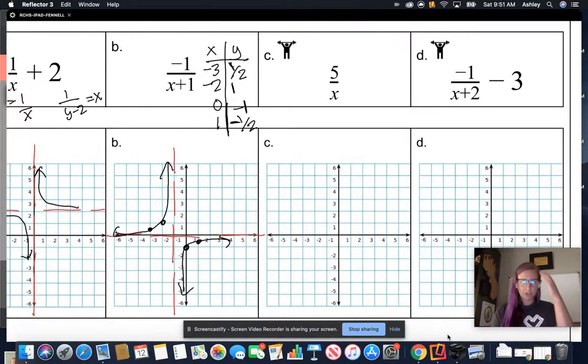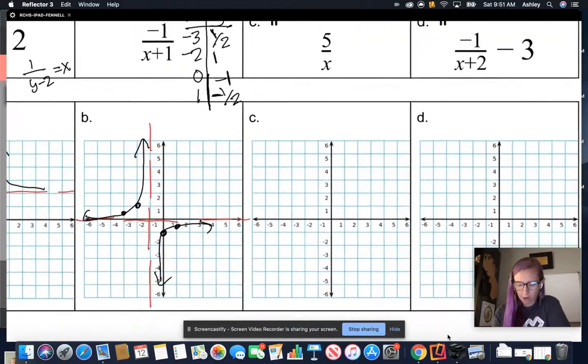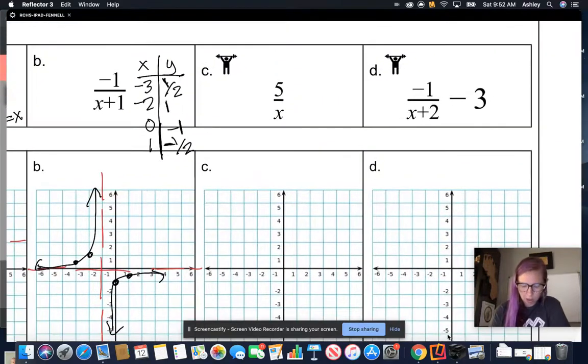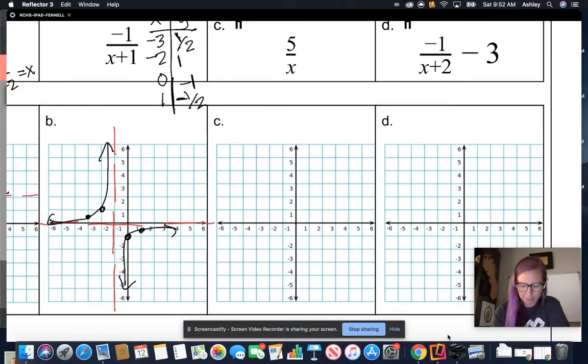All right, you're going to try this one with a bigger coefficient and see what this graph is going to look like, and graph that for me. So where are my asymptotes? Okay, we're going to have an asymptote at x equals 0. We are going to have an asymptote at y equals 0.